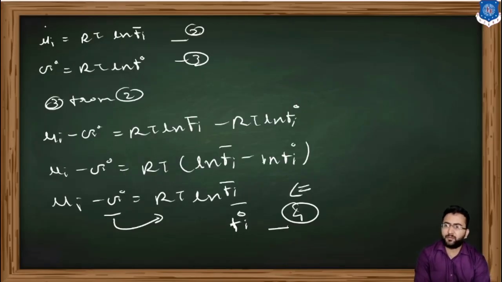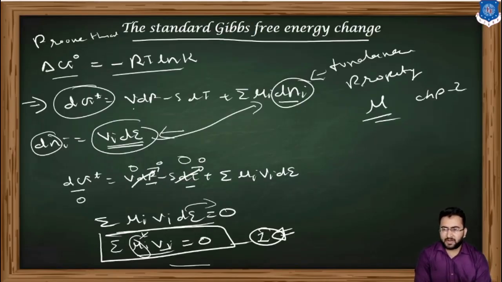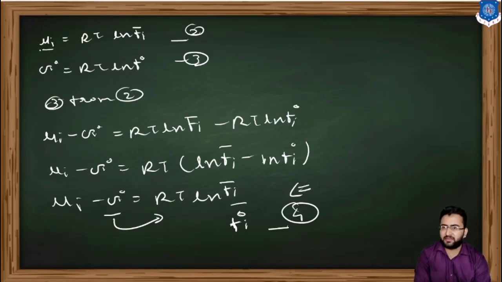Then, from the definition of fugacity, I write the value of mu I, because I want to put the value of mu I here: mu I is equal to RT ln Fi bar. Then G naught is equal to RT ln F naught.